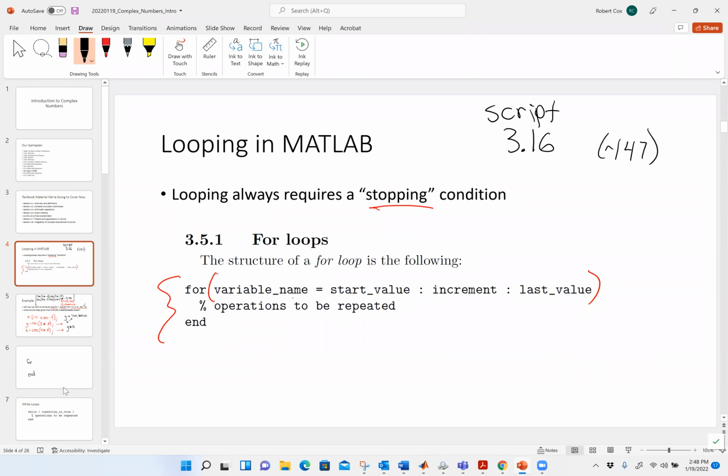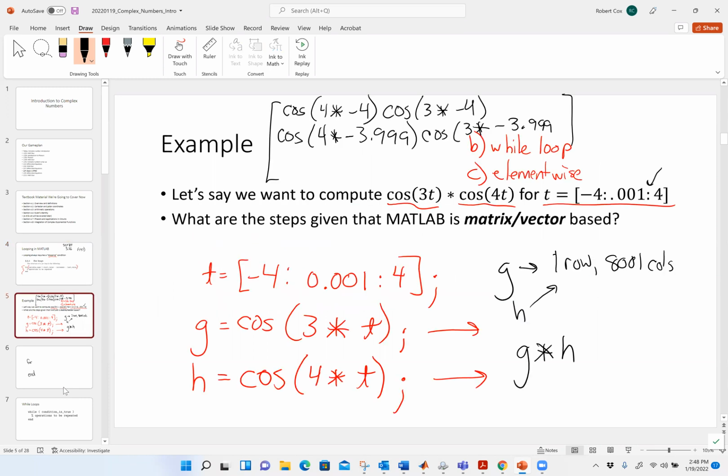How should I set this up in this case, given the way I set these up, so I've got G and H, and let's say I want X to be cosine of 3t times cosine of 4t? How would I set up a loop so that I made this multiplication of each individual element?